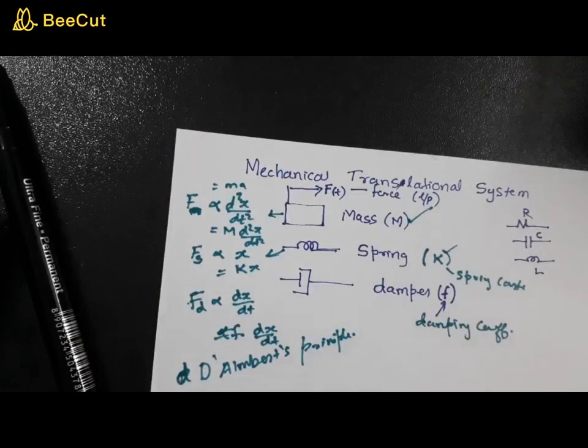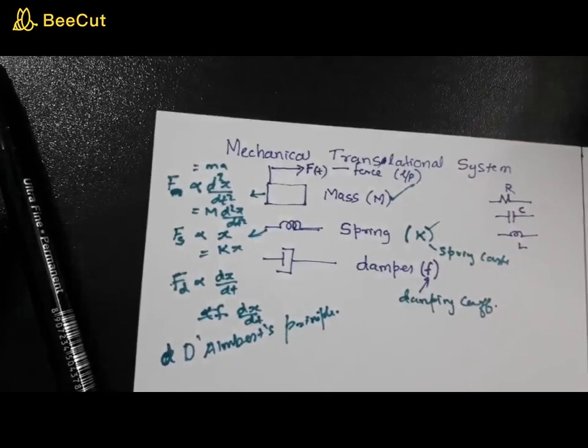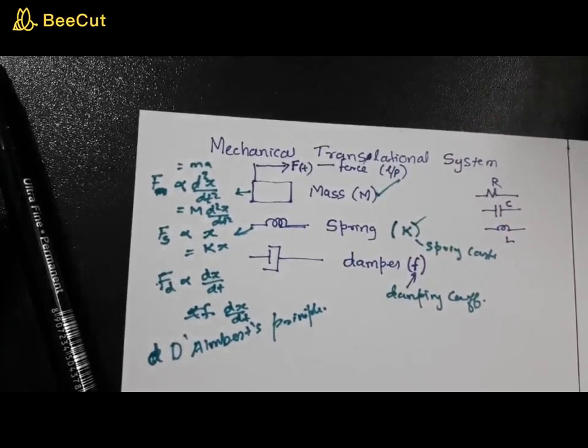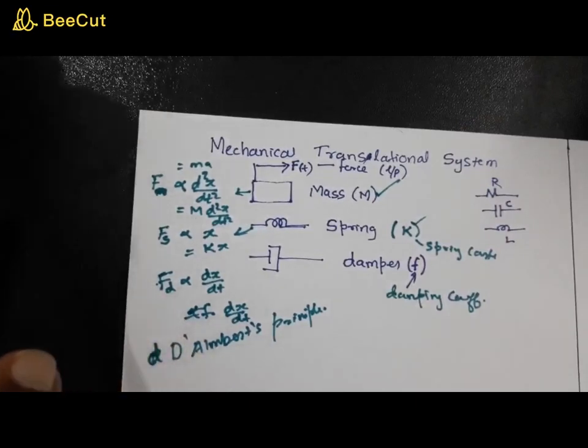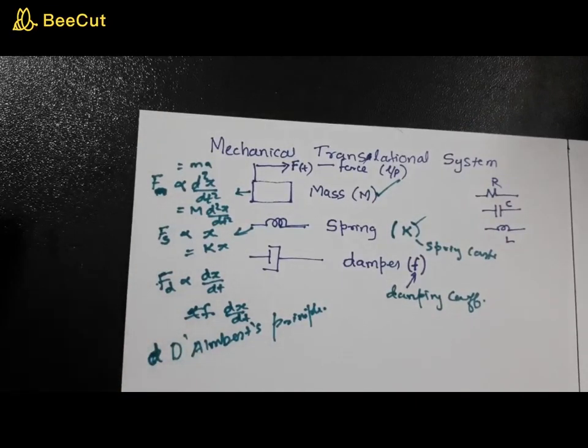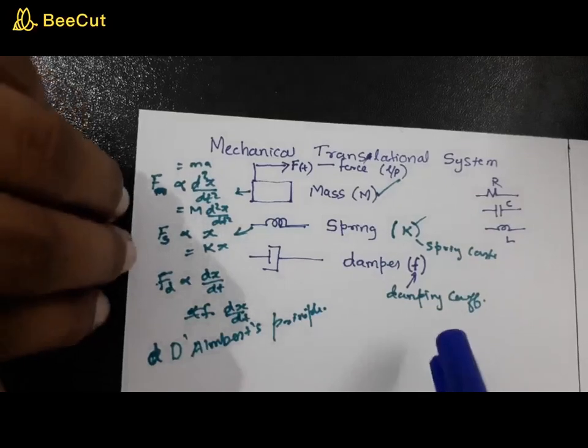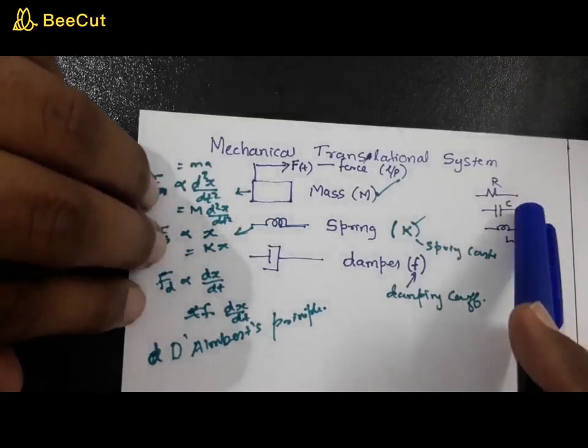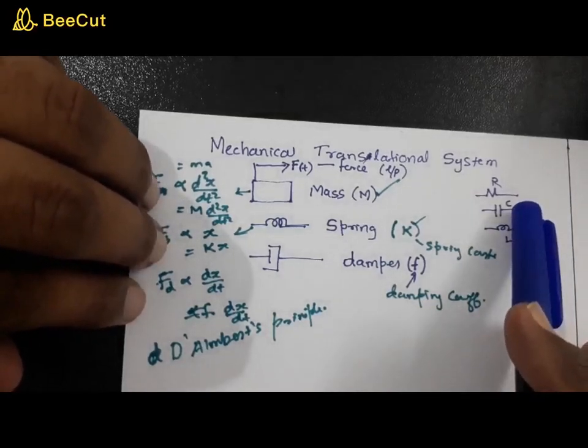Now we need D'Alembert's principle to frame the equation for a mechanical translation system. As I told you, in an RLC circuit, if you want to find the transfer function, the first requirement is to get as many equations as possible by applying the suitable electrical laws.